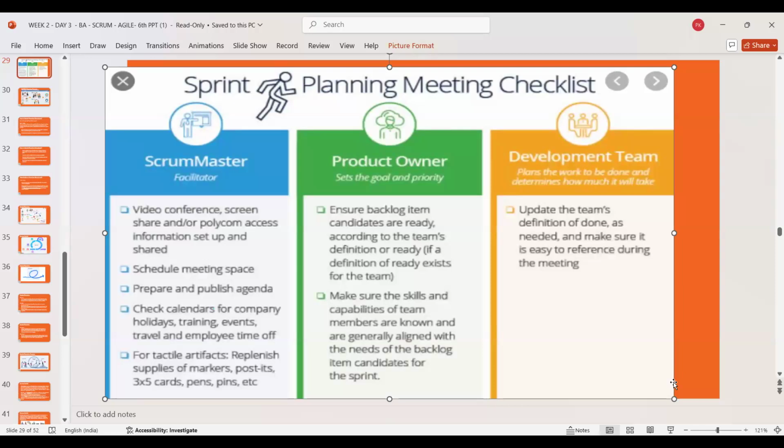Does this make sense? Yeah. So when we say backlog item, that means the pending item. Candidate for the sprint means that it should be taken up in this sprint. Is it okay? Yes. Everybody fine?